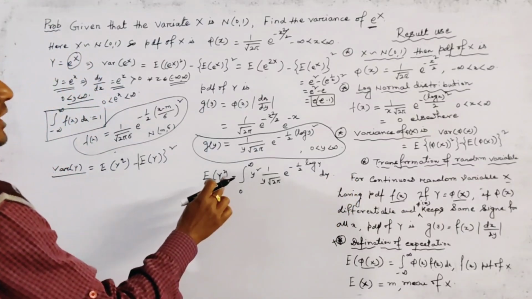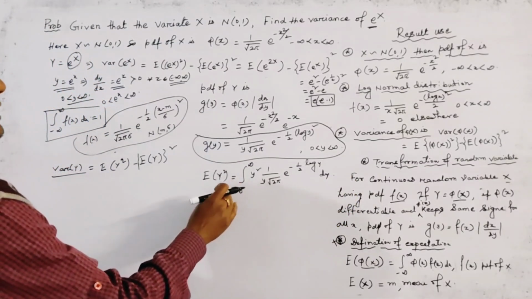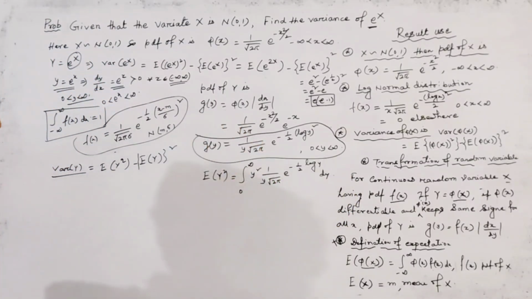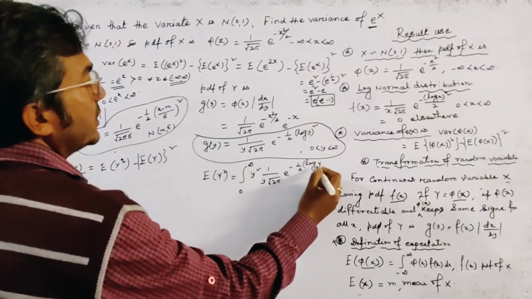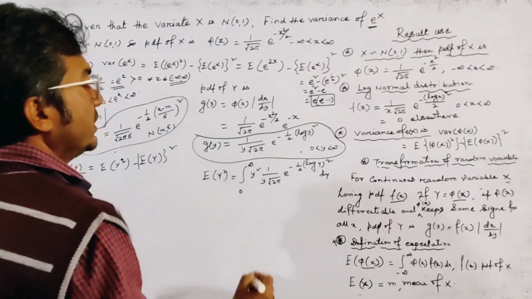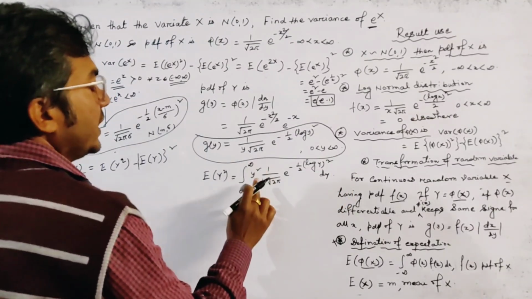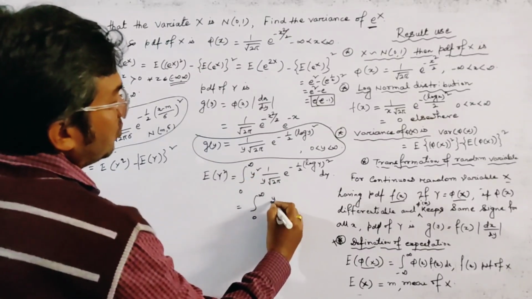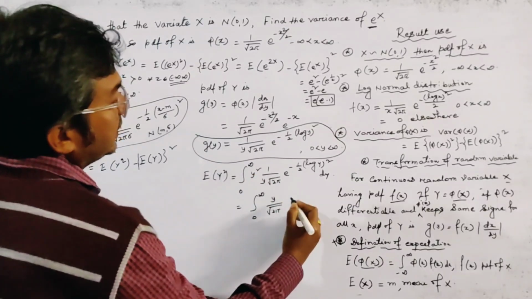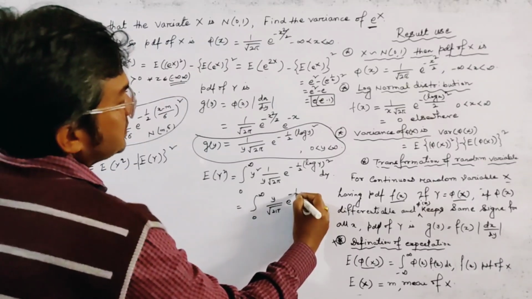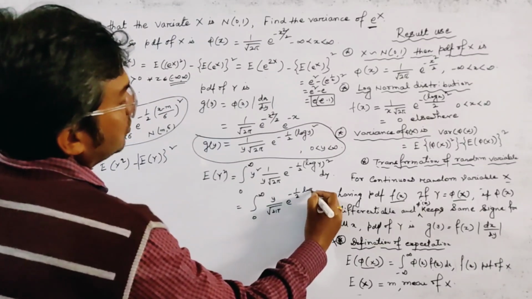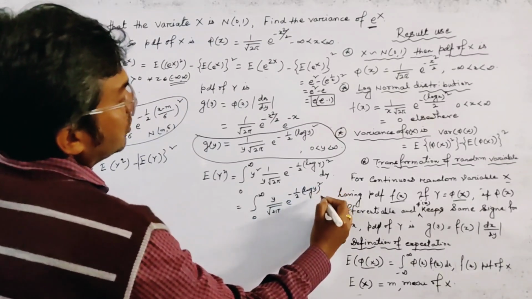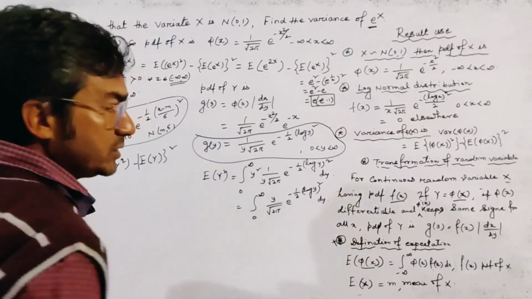We directly put the range 0 to infinity because on the other side this is 0. Here y and y cancel out, so we get the integral from 0 to infinity of y by root 2 pi e to the power minus half into log y whole square dy.